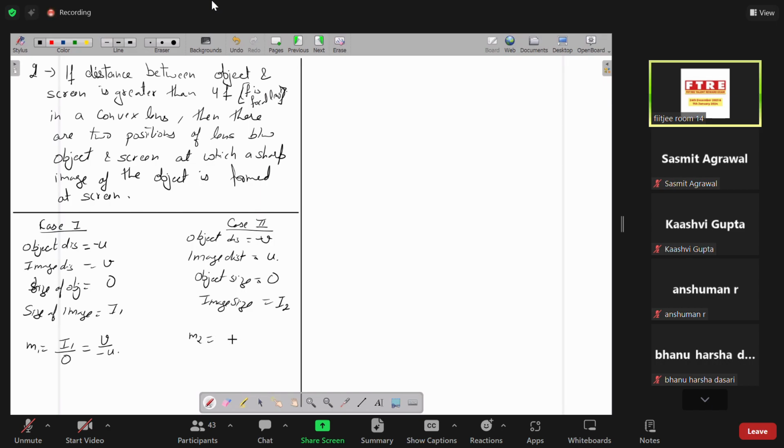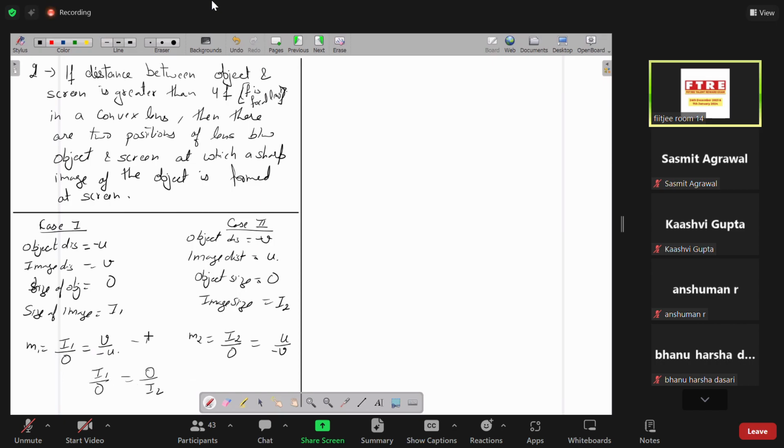For the second case, the magnification will be I2 upon O, equal to minus U by V. Don't get confused, the negative just means inverted. Now, we can equate the two, because I1 upon O is the reciprocal of I2 upon O. So can I say that I1 upon O is equal to O upon I2?